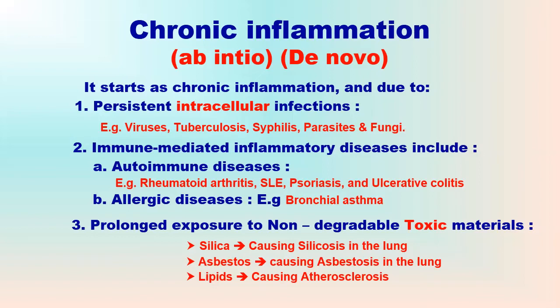Second, immune-mediated inflammatory diseases, which include A. Autoimmune diseases. All autoimmune diseases are chronic inflammatory diseases in which there is a formation of autoantibodies against own tissue antigens, such as rheumatoid arthritis, systemic lupus erythematosus or SLE, psoriasis, and ulcerative colitis, which is a chronic inflammatory bowel disease.